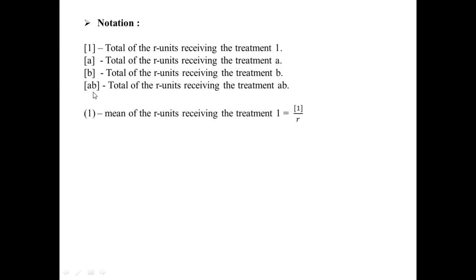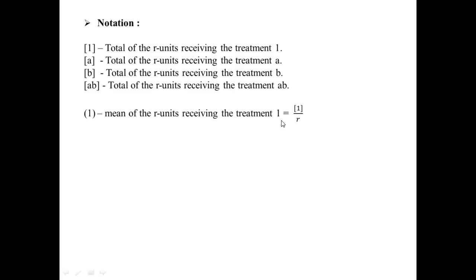Now we want to see the notations for treatment mean. When we consider open bracket, this open bracket represents the treatment mean. So open bracket 1 is nothing but the mean of the R units receiving the treatment 1.